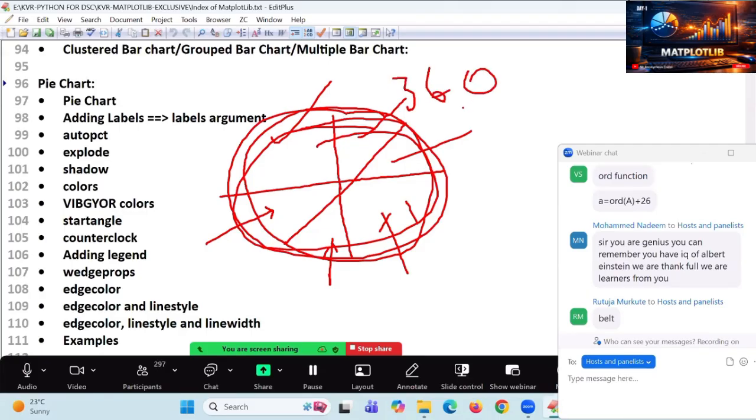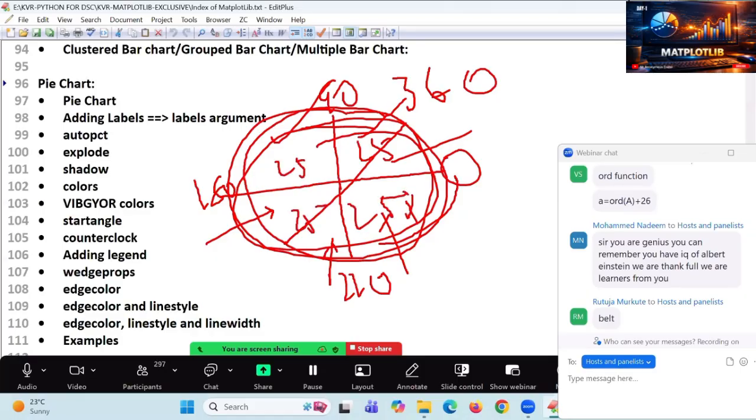360 degrees. In 360 degrees, this is 0 to 90, 90 to 180, 180 to 270, 270 back to 0, which is 360 again. Is it 25% or 30%? This is 25.